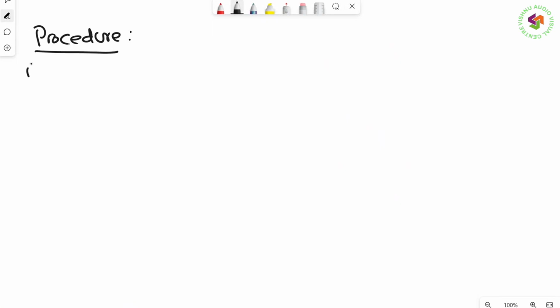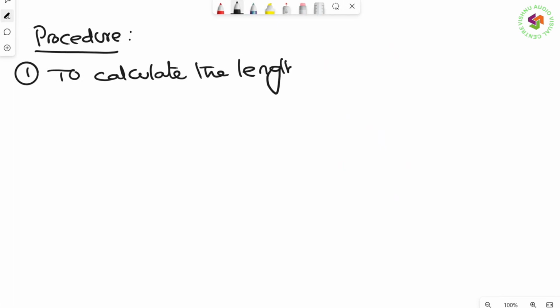First, the objective is to calculate the length of surface profile, which we call for example x.